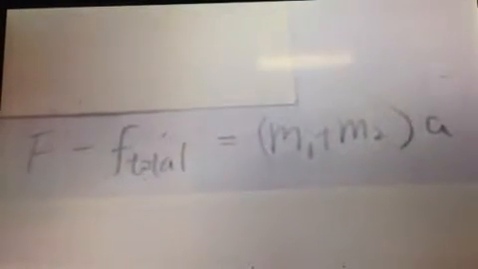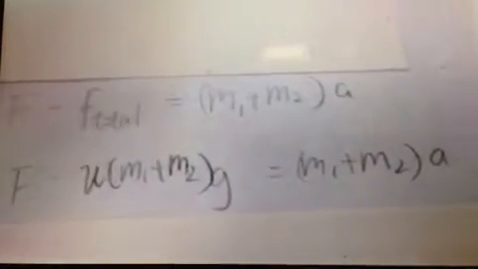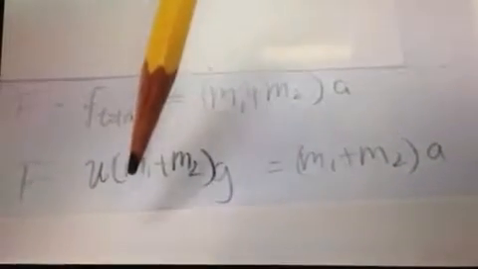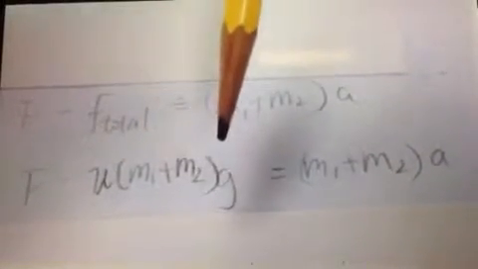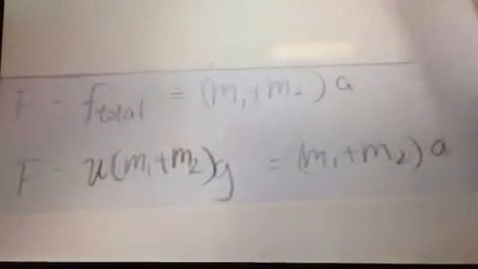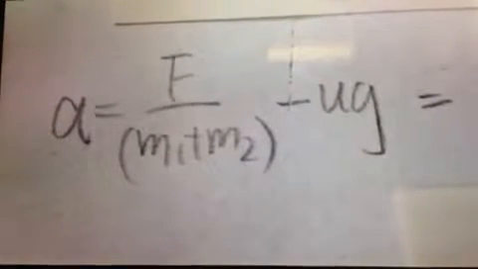So for the whole system, we can get the force minus the friction equals the mass times the acceleration. Since this is the whole system, the total friction here is equal to mu times the total mass, (m1 plus m2) times g, equals the total mass times the acceleration. So to get the acceleration, we can divide both sides by m1 plus m2.